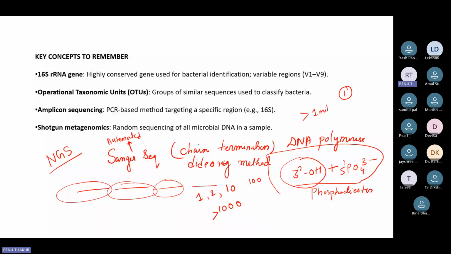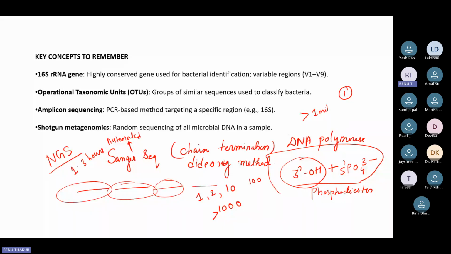So all these things, you can say, thanks to next generation sequencing, or the sequencers developed by different institutes and different companies. So all these things are very handy, and almost 1 to 3 hours are enough for the sequencing to be done. So this is the principle behind the next generation sequencing.